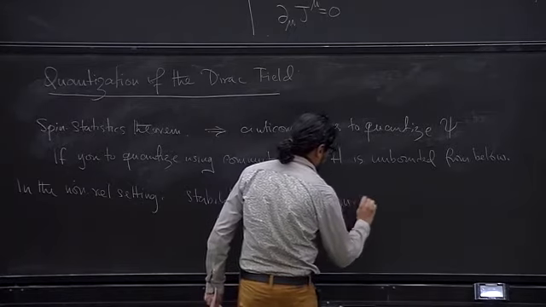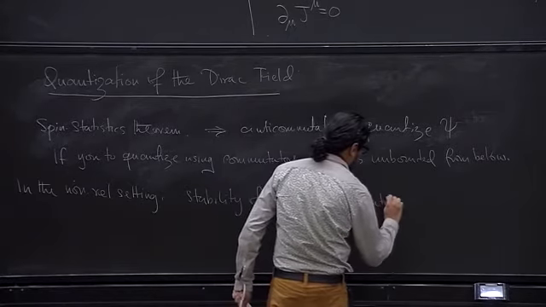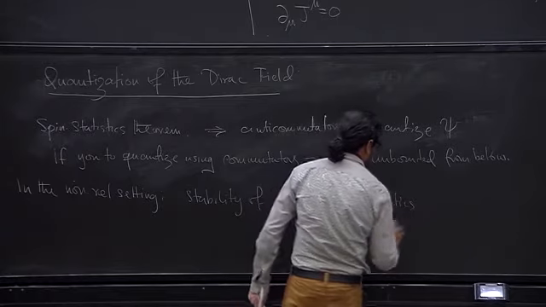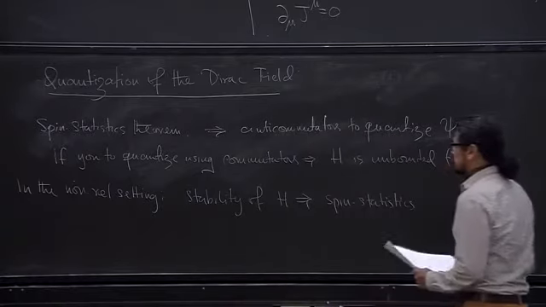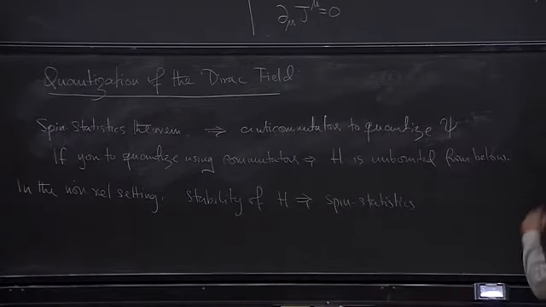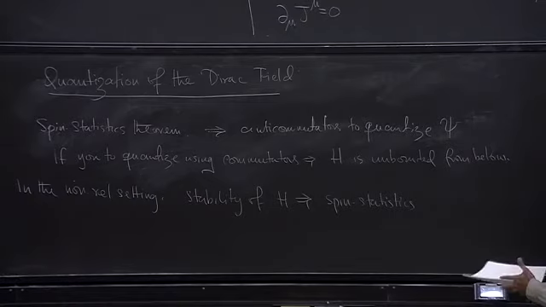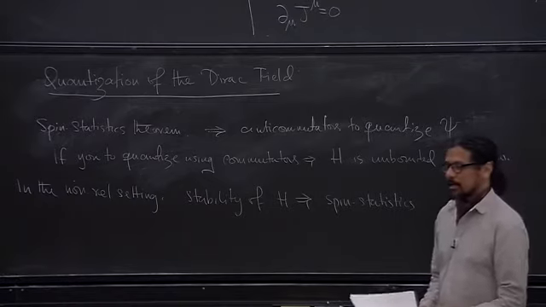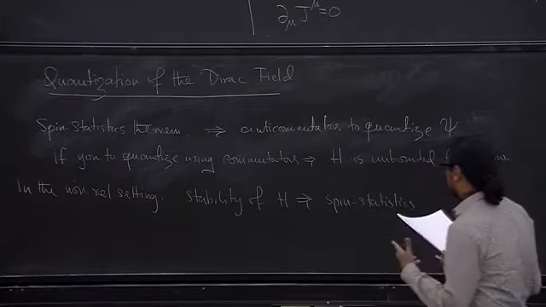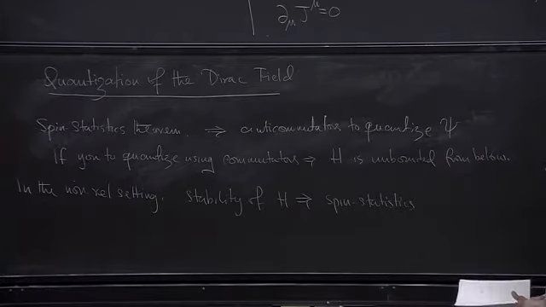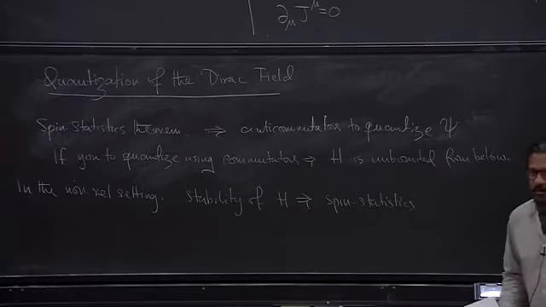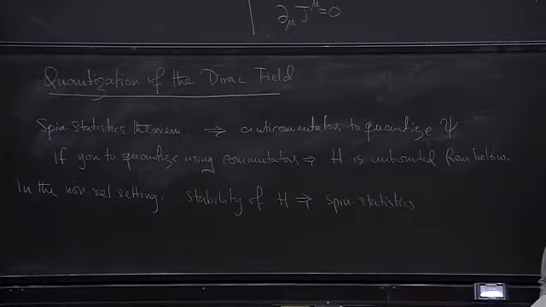Meaning that fermions are in the half-integer representation of the rotation group, and bosons are in the integer representation of the rotation group.